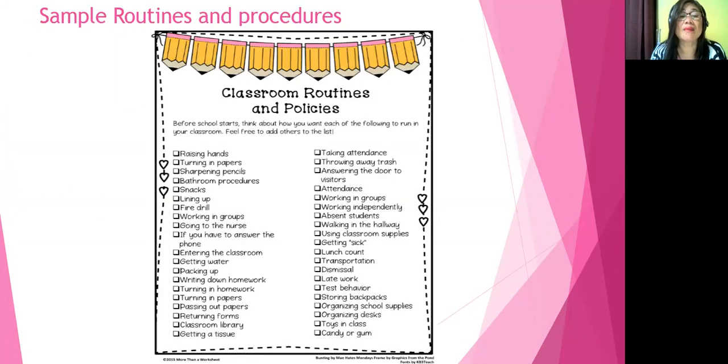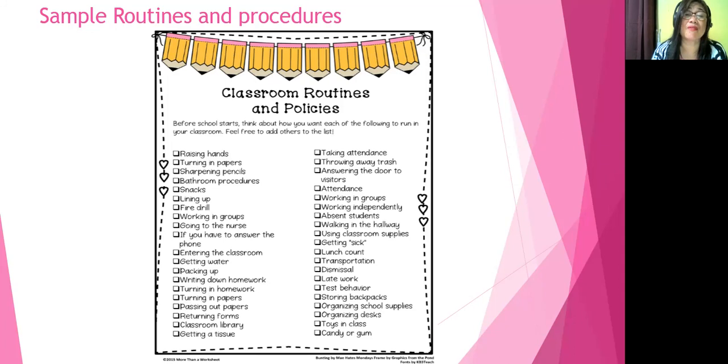Okay. Here is an example. I do not say that you have to follow all of those, but these are the things that you can create routines and policies for: raising of hands, turning in papers, sharpening pencils, bathroom procedures, snacks, lining up, prior drill, working in groups, going to the nurse, answering the phone, entering the classroom, getting water, packing up, writing down homework, turning in homework, passing out papers, returning forms, classroom library, getting a tissue, taking attendance, throwing away trash, answering the door to visitors, working independently, absent students, walking in the hallway, using classroom supplies, getting sick, lunch count, transportation, and so on and so forth.